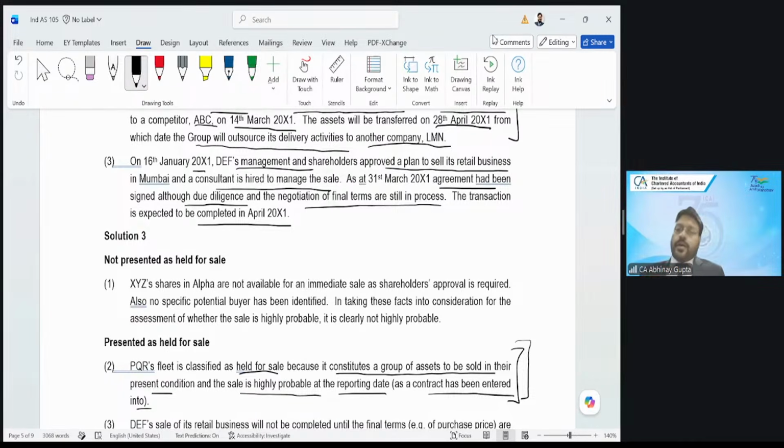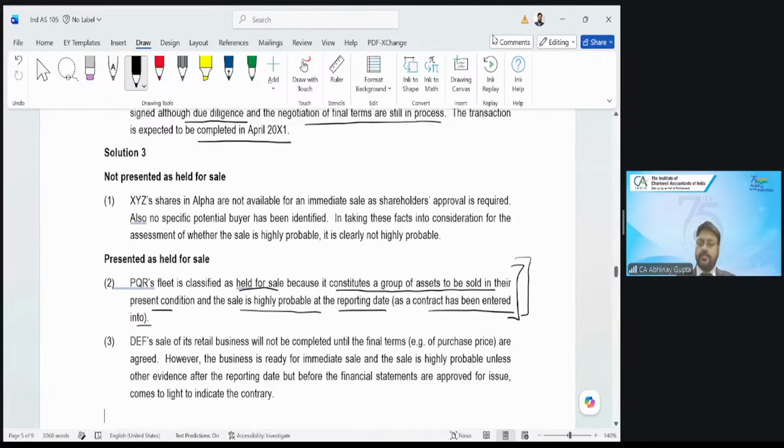Management is committed. Yes, management is not looking to withdraw this plan because there are no such facts mentioned, and the shareholders' approval has already been obtained for making the sale happen. So all these conditions are met, and on the basis of the combination of these conditions, we can conclude clearly that this is meeting the requirement to be presented as held for sale, right?